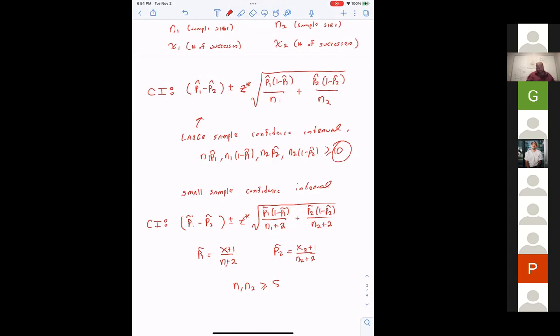So we're going to keep it at 10 until I can verify one way or the other. This one might end up changing to 5, but I'm pretty sure it's 10. So other than that, are there any questions with the formulas for the different confidence intervals for 2 proportions?